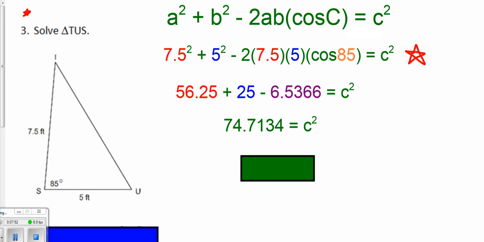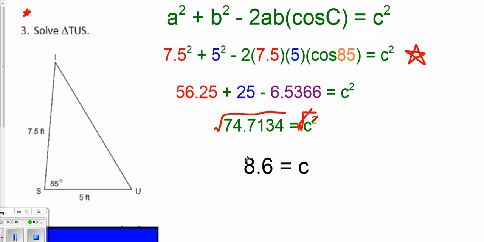How do we get rid of the square on both sides? We square root both sides. Now this cancels out with this, so we just have C alone equals the square root of 74.7134. Plugging that in, we get about 8.6. So 8.6 should be our C value.